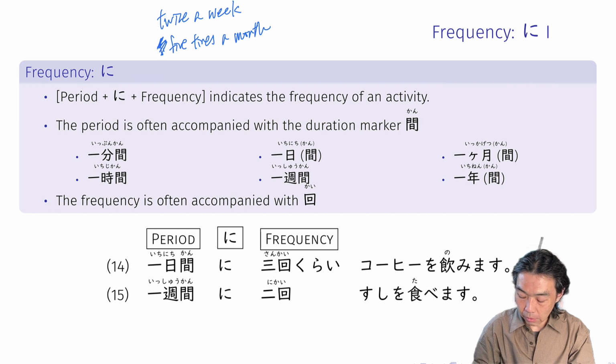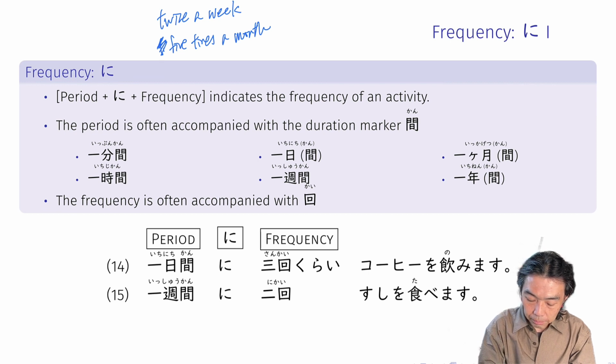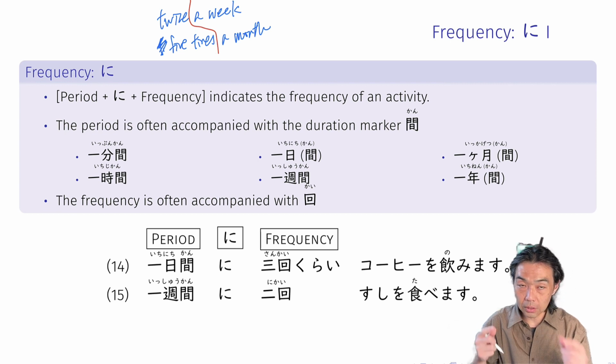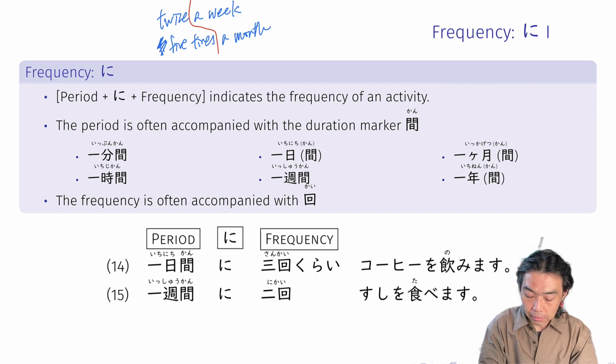Right? So in the examples here, in English, it actually consists of two different pieces. The first one is how many times you do, so frequency, and this is duration, right? So it's almost like each x.